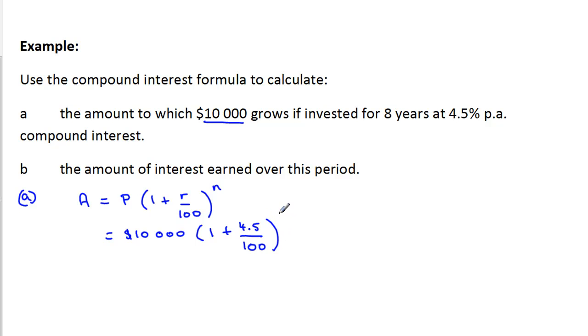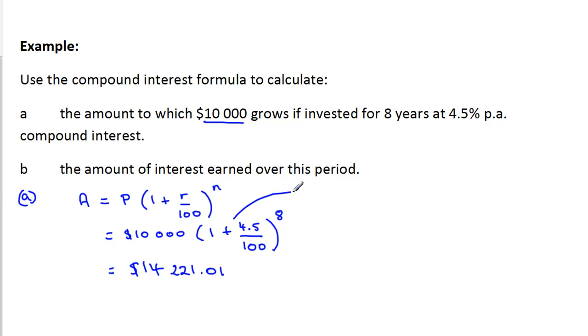And to the power of 8, because it's 8 years. That multiplier, remember, that's our multiplier there. All right, for 8 years. If we put that into our calculator, we get an answer of $14,221.01. You can check that out for yourself.